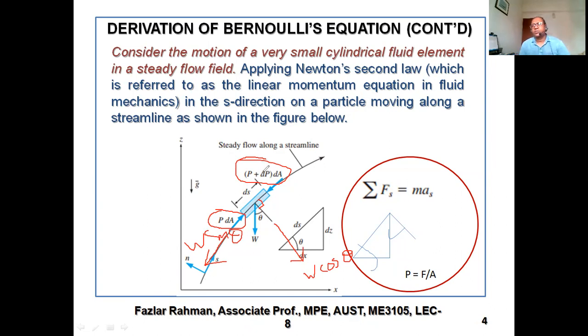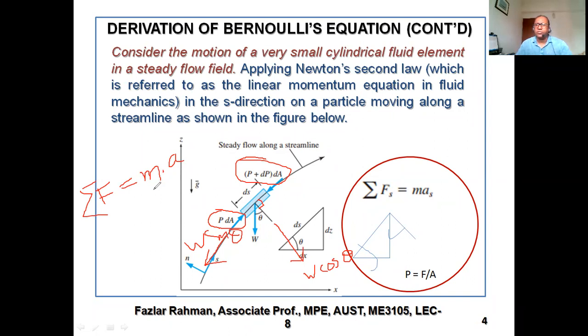And we are working with a moving fluid that has a velocity. So you cannot say the summation of forces is 0, but we can say the summation of forces will be equal to the mass of the fluid element times acceleration. The mass of the fluid element you can easily figure out.